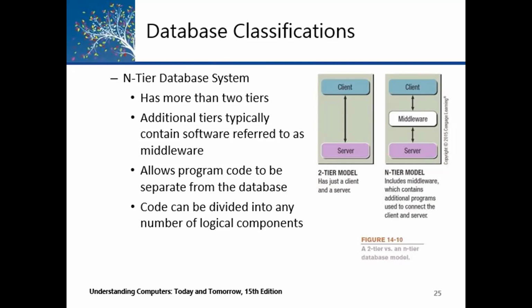The server responds to the middleware and the middleware responds to the client. So the difference between n-tier and client server architecture is that client server has only two things, client and server, but the n-tier database system has a new one called middleware, just a bridge between the client and server. Take a note of it.